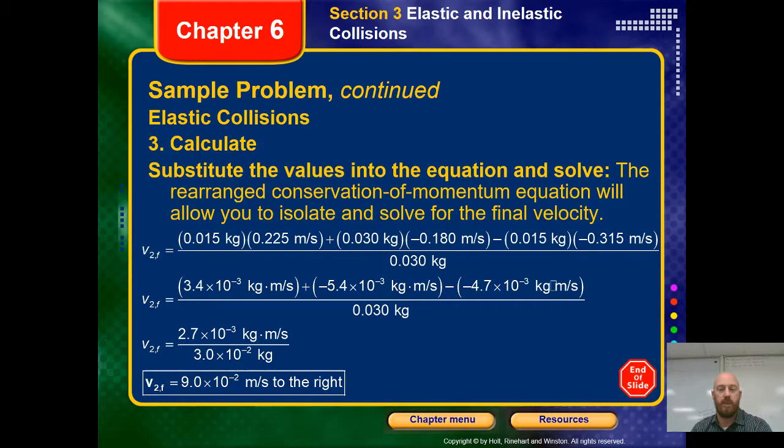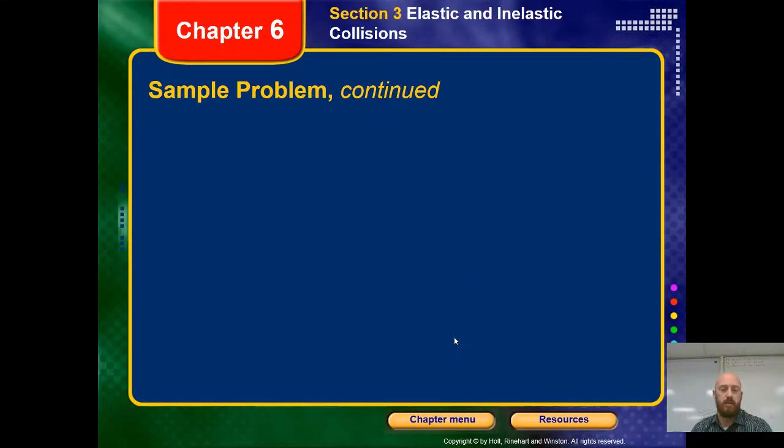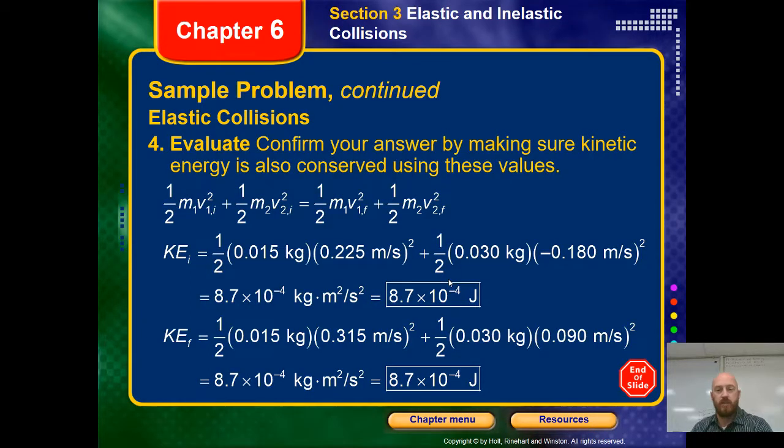Again, you can check your math. The hardest part about this math I'll show you is right there. Understand you have to subtract over a negative, which is really adding. All right, elastic collisions. Finally, one of the things they're big on in this chapter is checking your work to make certain it makes sense. So in this case, kinetic energy initially, kinetic energy final.